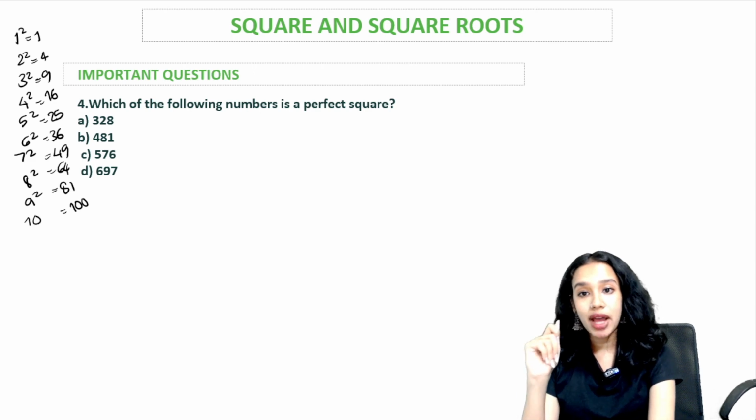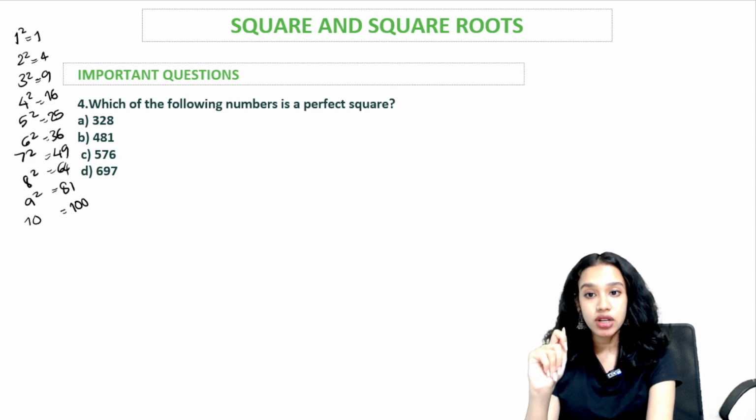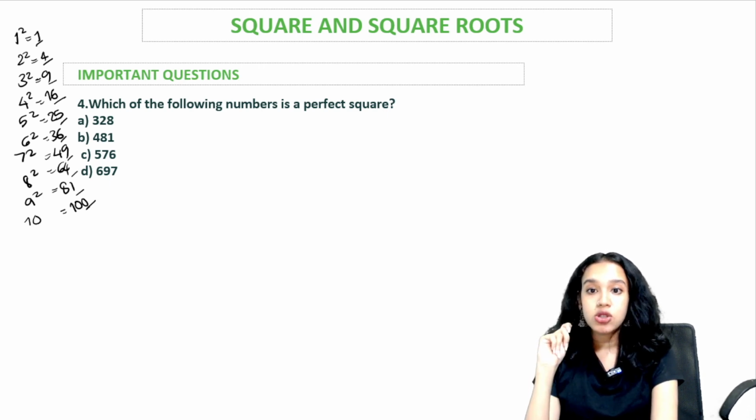So what is the pattern we could see in the squares of a number? We have 1 at the unit place, 4, 9, 6 in the units place, 5 in the unit place. Again it goes to 6, 9, 4, 1 in the unit place and then we have 0. So the squares of a number only have 6, 9, 4, 1, 5 and 0 in the units place.